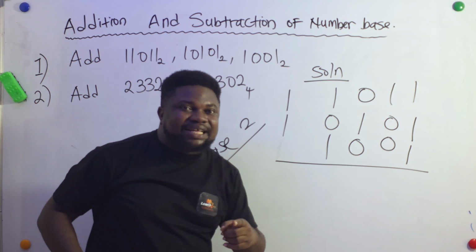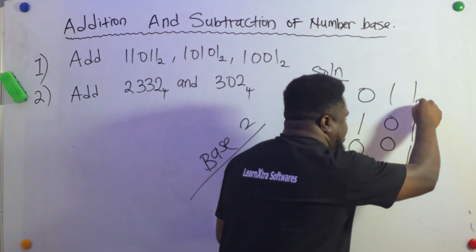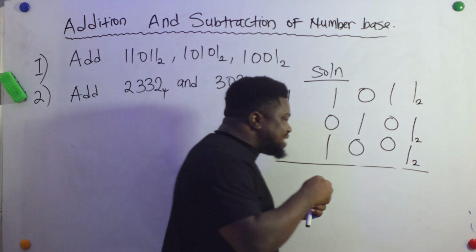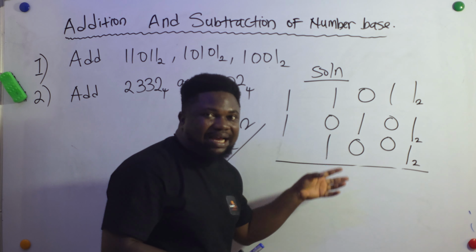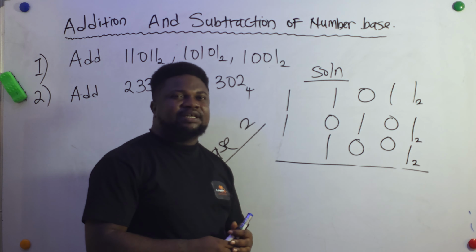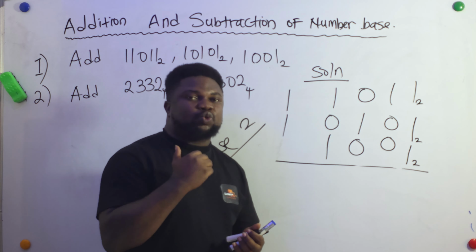The answers allowed in base 2 are only zeros and ones. That gives us the whole summary of what we are doing.